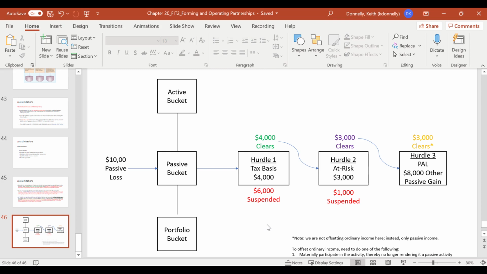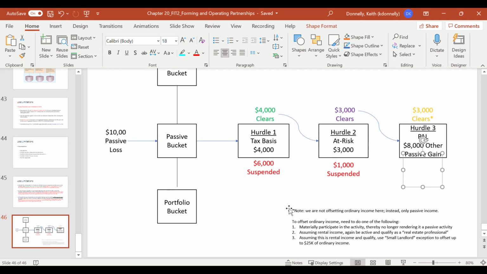Or whenever you sell the interest in the business, you can use any trapped losses to offset the gain from it. So now this was kind of a longer lecture, but passive activity losses are pretty important, right?